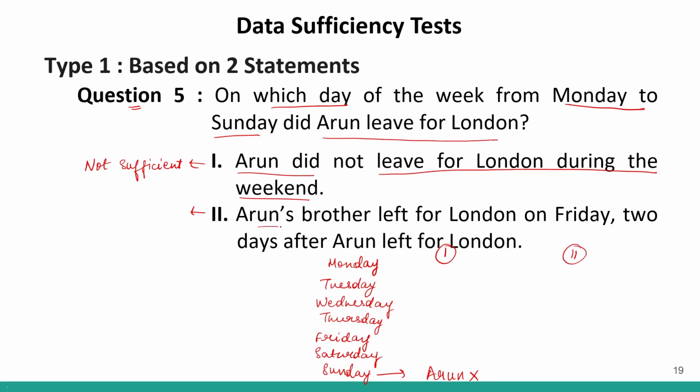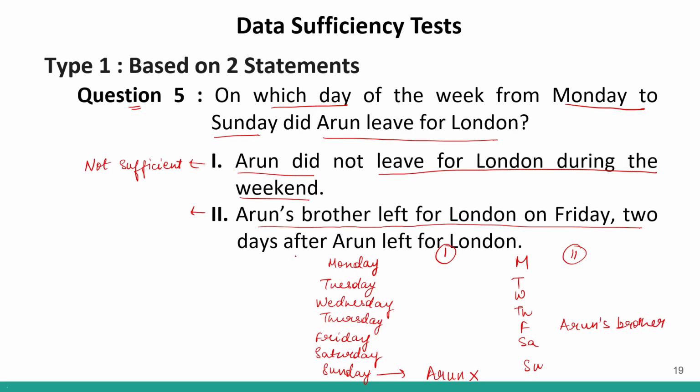Statement number 2 says that Arun's brother left for London on Friday. So let's say this is Monday, Tuesday, Wednesday, Thursday, Friday, Saturday, Sunday. So Arun's brother left for London on Friday. So this is Arun's brother. Correct?